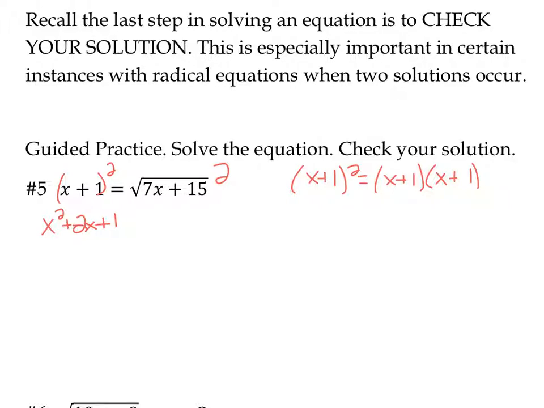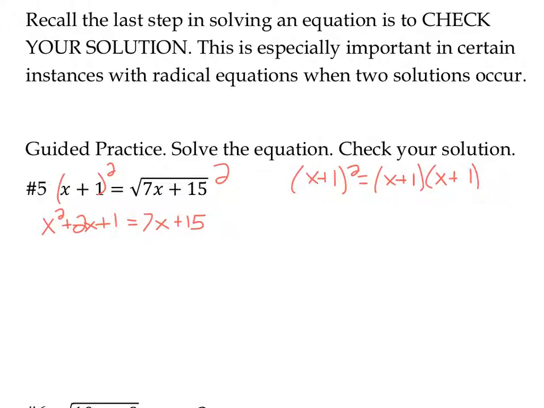If you need practice with foiling, make sure you're asking for any help you need. You'll see quite a bit of it here when we're squaring things. So x squared plus 2x plus 1 equals 7x plus 15. Now we want to get this set equal to 0. When we have a quadratic equation with an x squared, we're going to get it set equal to 0 so we can use factoring.